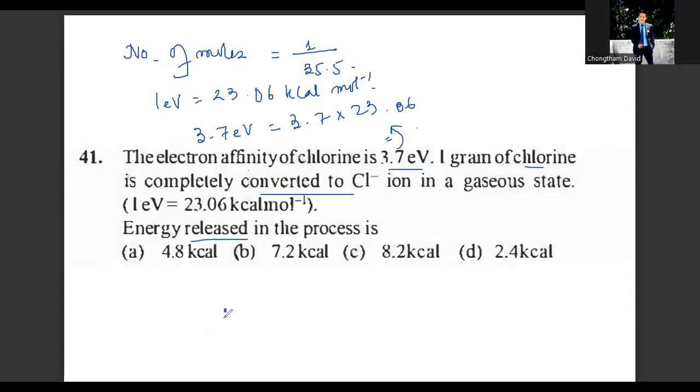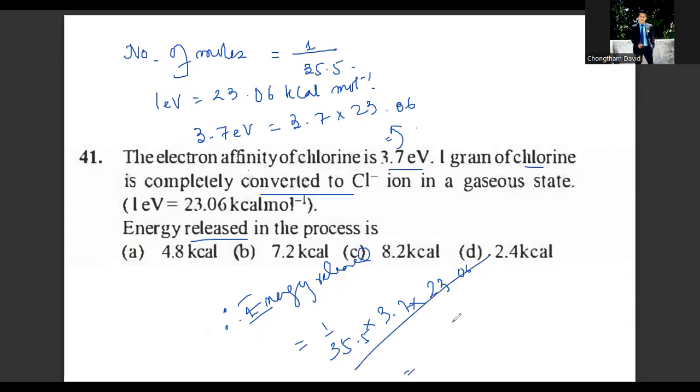Let me write it in the below section because space is not there. Therefore, your energy release in the process would be 1 by 35.5 into 3.7 multiplied with 23.06. Calculate this and you will get the answer.